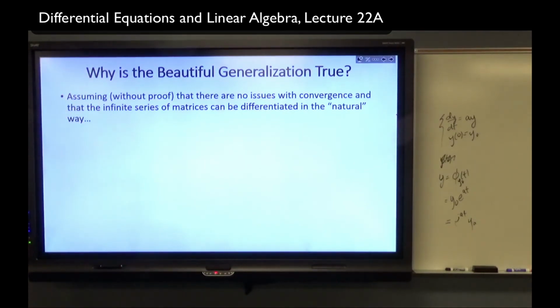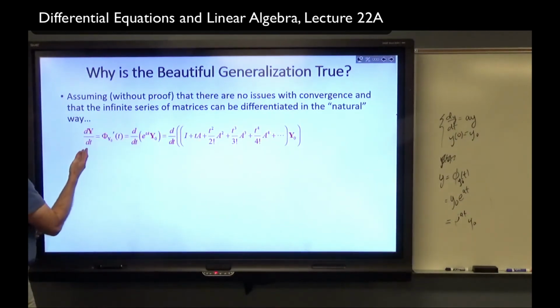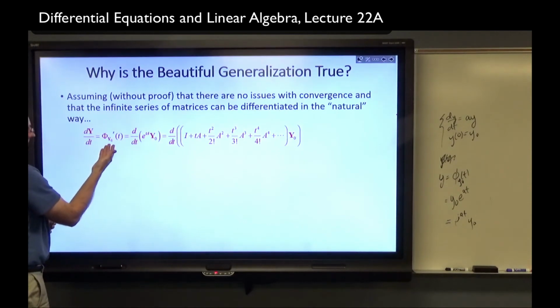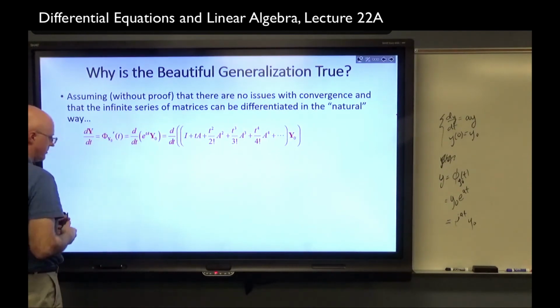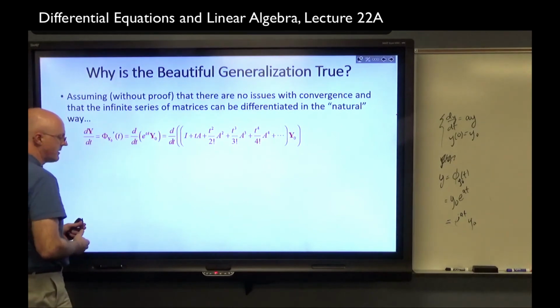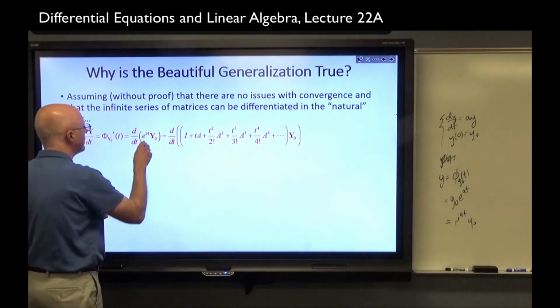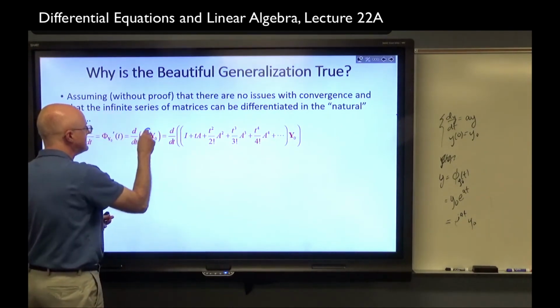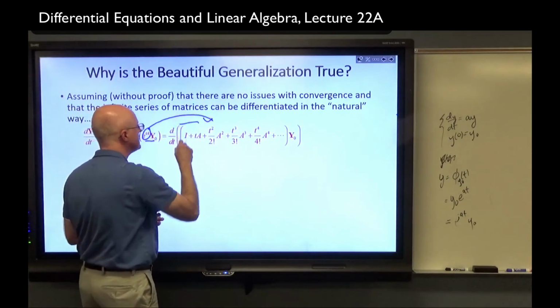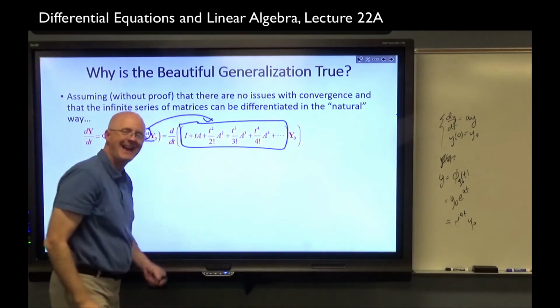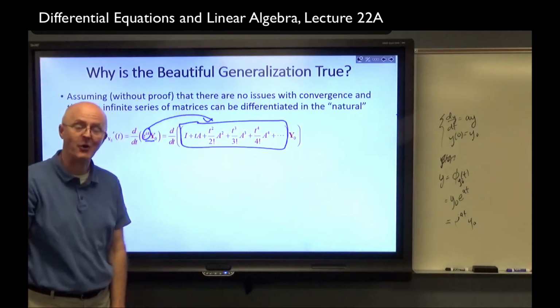Well, that we can differentiate this thing to check that it works in what you might call a natural way. What's the derivative of that solution? dy dt, it's capital Phi prime. Plug in the matrix exponential times y0 to get this. And then replace e to the t times A with its infinite series, and assume you can differentiate term by term.